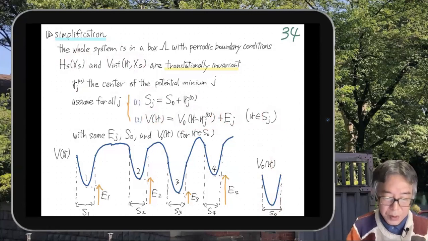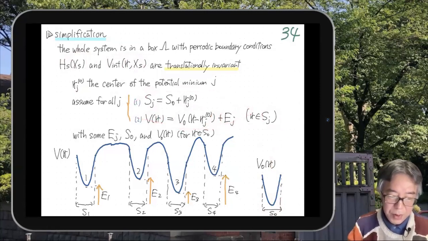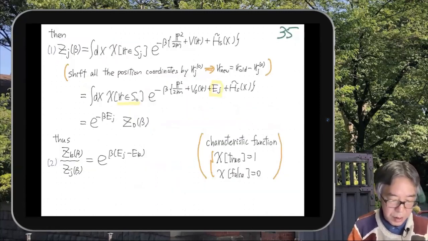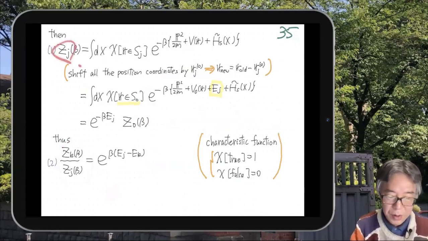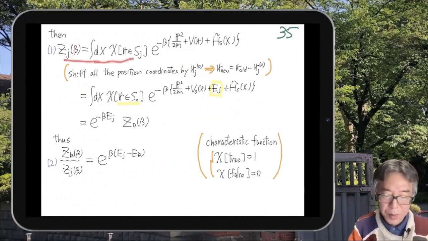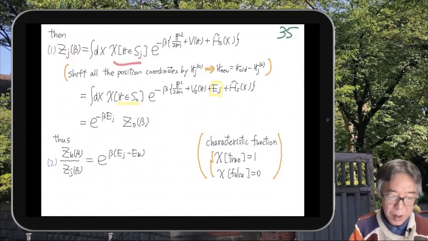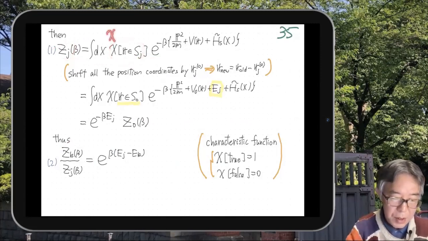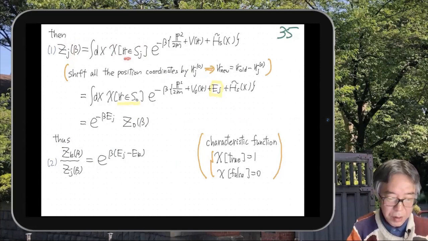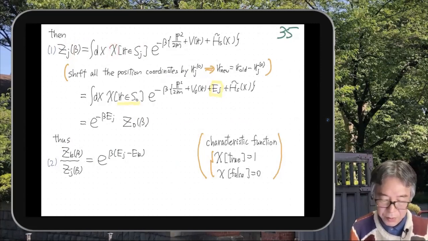If you assume this, then it's very easy to show that the ratio of Z becomes this, not necessarily the free energy difference. It's very simple. This is the definition of Zj beta, and here this is actually the same as chi j of x, but I denote it more explicitly by using R. Here chi denotes the characteristic function.